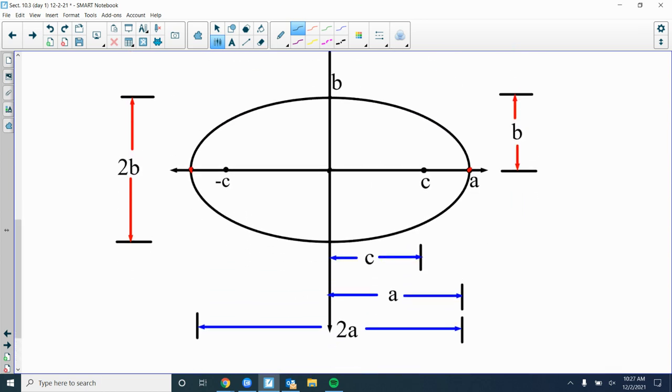Okay. Now, the vertices. There's a tendency to think there's 4. I mean, that's kind of your instinct, but there's really only 2 vertices. The vertices are on the major axis. They are in line with the foci. So the vertices and foci are on the major axis. I'm going to put that down here. The vertices and foci both lie on the major axis.